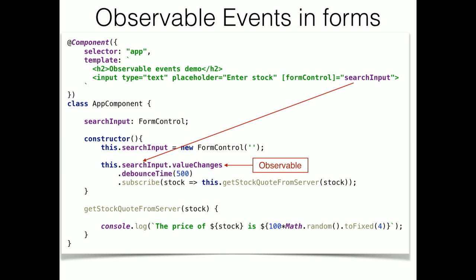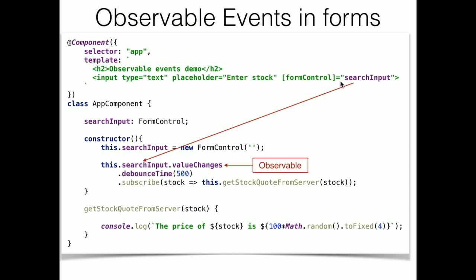And now let me show you a little demo. Say we have a simple code. This is a component in Angular. I assume that you know some basics of Angular. So every component is a class with an annotation @Component. The annotation @Component describes the UI. In this case, we are using an HTML header for observable events and an HTML input field, where I'm saying enter stock, and I am binding.